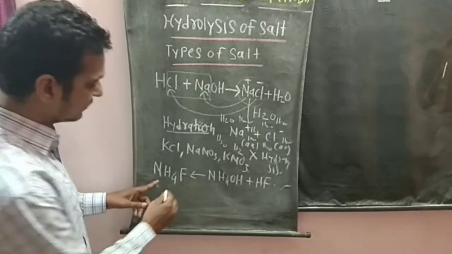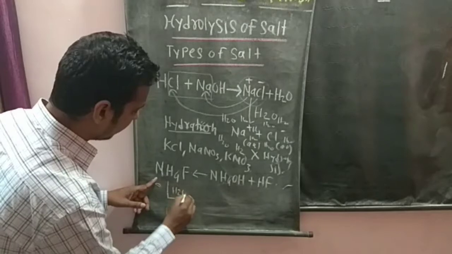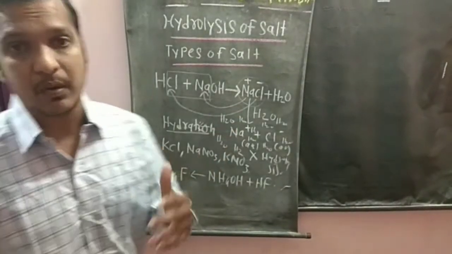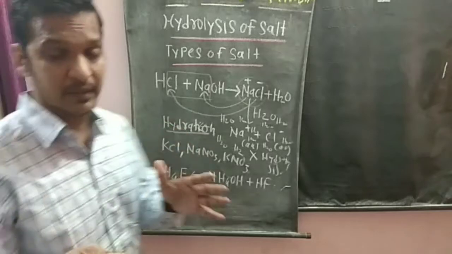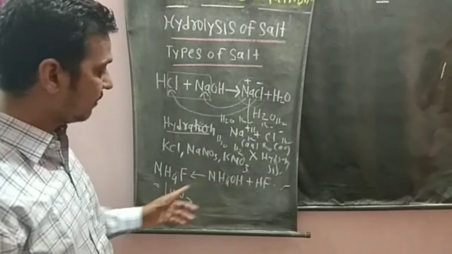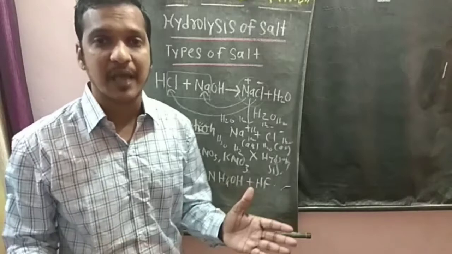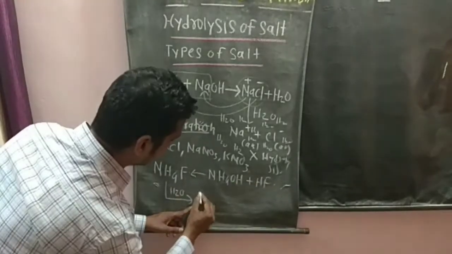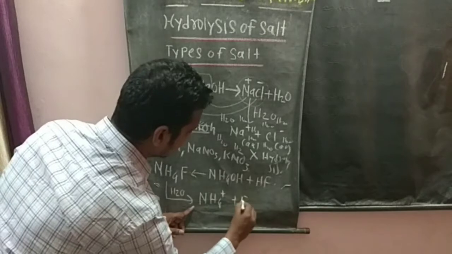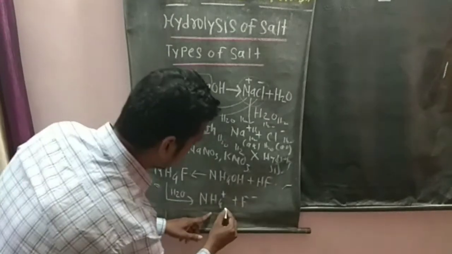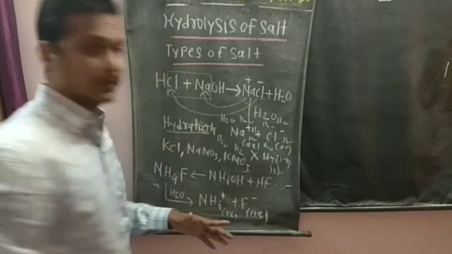Now when NH4F dissolves in water, as we dissolve NaCl in water, it gives us ions. A similar case happens with ammonium fluoride, which is made up of a weak base and a weak acid. When dissolved, it gives us ions such as NH4 plus and F minus, aqueous.